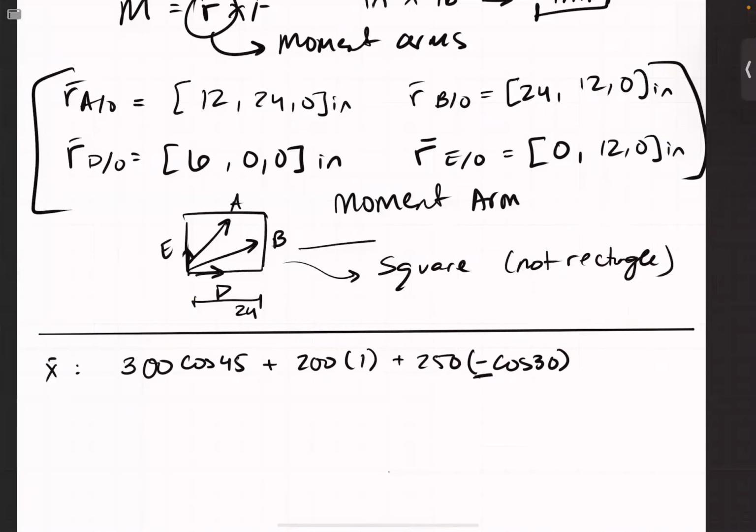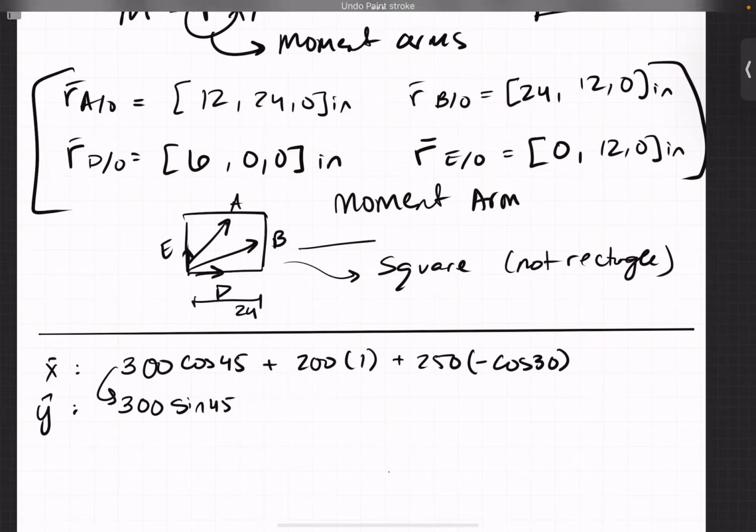This negative sign I put in here because that's the direction of the vector. The y component will be 300 sine 45. These are equal to each other. I could have put the same thing in, but I'm going to keep with the correct cosine and sine relative to what angle we were given.